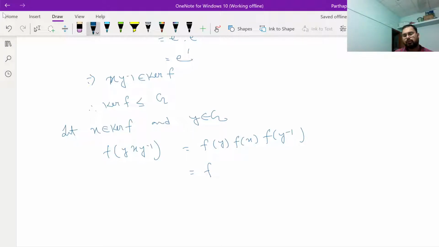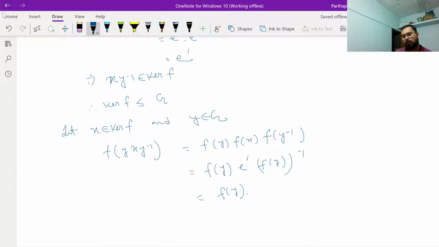So this is same as f of y. F of x means, since x belongs to the kernel, f of x will be e dash, and f of y inverse can be written as f of y whole inverse. So now when you multiply f of y to e dash, the result will be f of y, because when you multiply any element to the identity, the result is that same element.